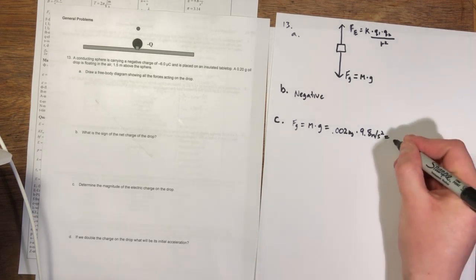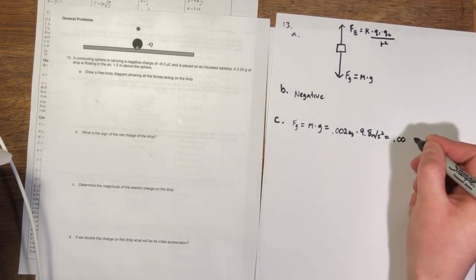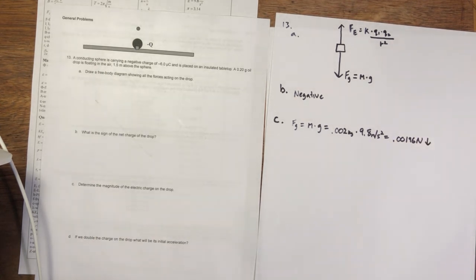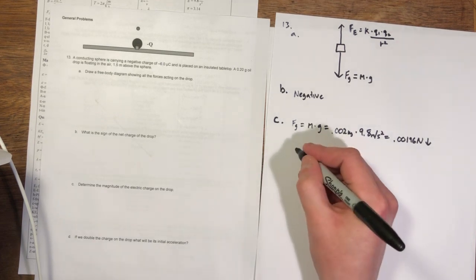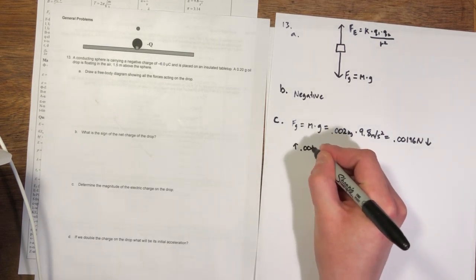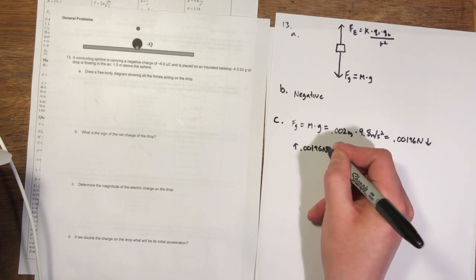And that should get us 0.00196 newtons, and that is pushing down on the drop. Well, if it's floating there, we know there should be an upwards force of 0.00196 newtons pushing up on the drop, the electrostatic force.